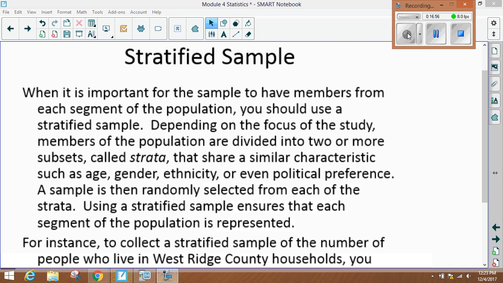So imagine in this class, I wanted to know how many people like Taylor Swift, but this class had 15 girls in it and 5 boys, right? It might be the case that girls like Taylor Swift more than boys. If I just ask everybody, I will probably get an overwhelming amount of yeses, maybe more than if I had an even number of boys and girls in the class.